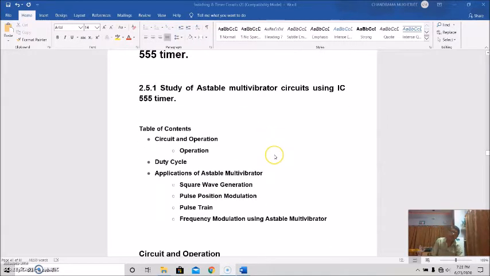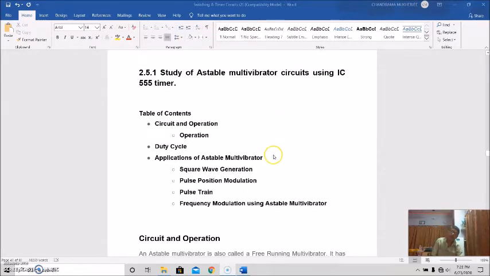We will discuss its circuit, operation, duty cycle and applications of astable multivibrators for square wave generation, pulse position modulation, pulse trains, and frequency modulation.